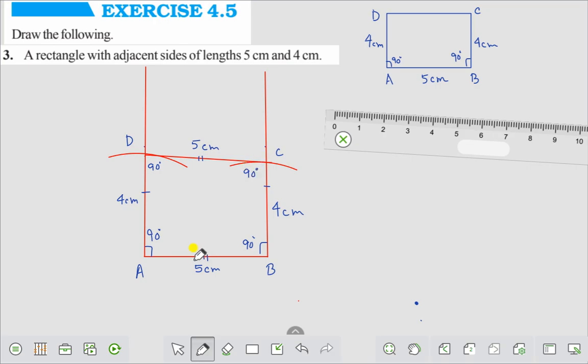Therefore, we say that ABCD is the required rectangle, quadrilateral or rectangle, right? This is the required.